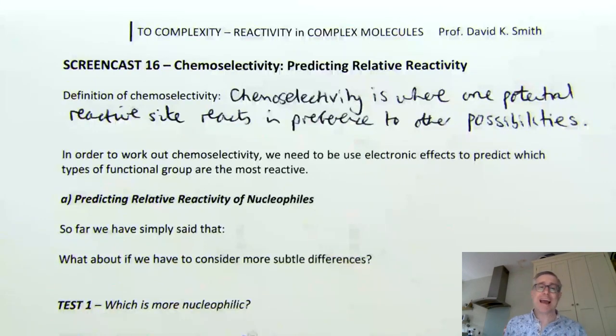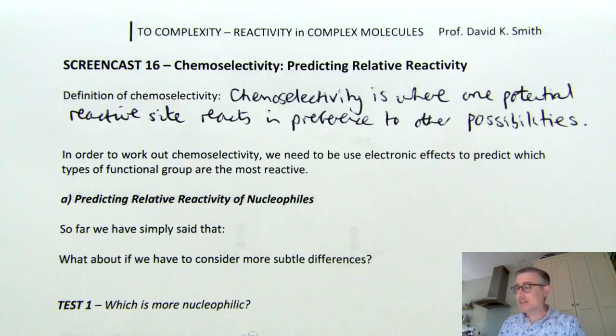And in order to work out this chemoselectivity, because it's clearly really important to understand a complex molecule, we're going to use electronic effects to predict what kinds of functional group are the most reactive. And we've started this process already with the simple basic rules of mechanism.